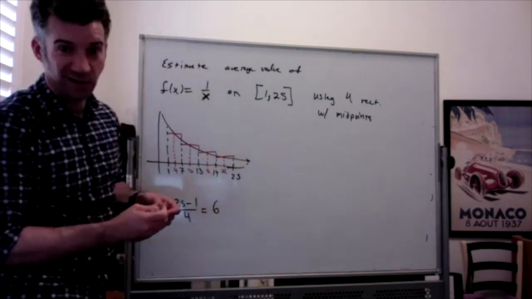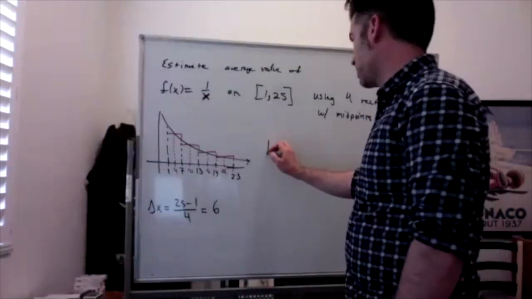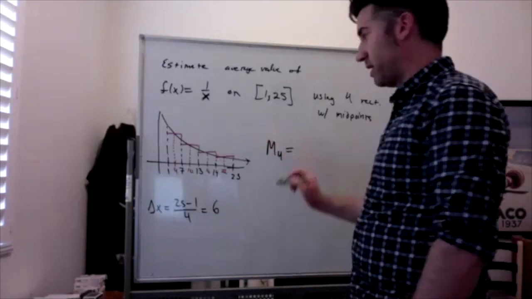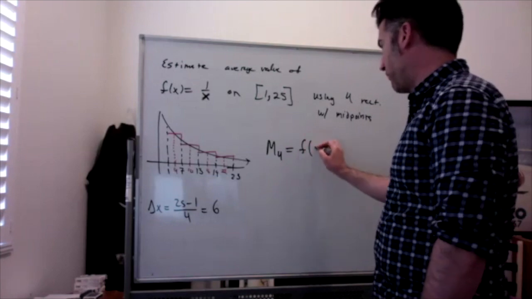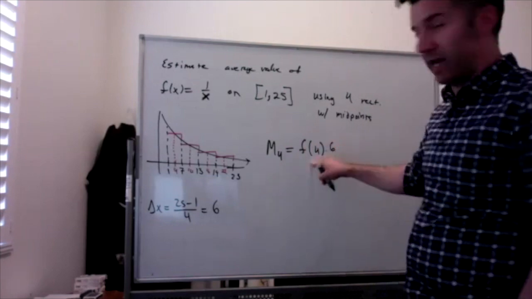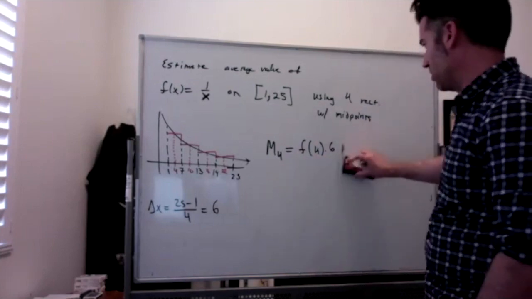And I'm going to use those midpoints plugged into the function to estimate the area of each rectangle. Okay, my rectangles don't look great, sorry. So we're going to approximate the area under the curve with 4 rectangles using midpoints, and that's just going to be f of 4 times 6, right? Height times base plus, let's just factor out the 6. We know what we're doing.